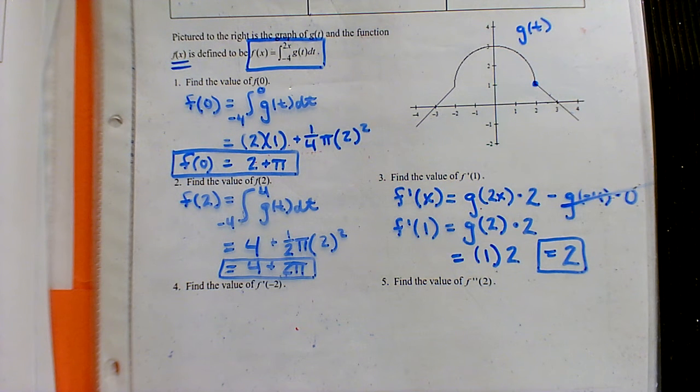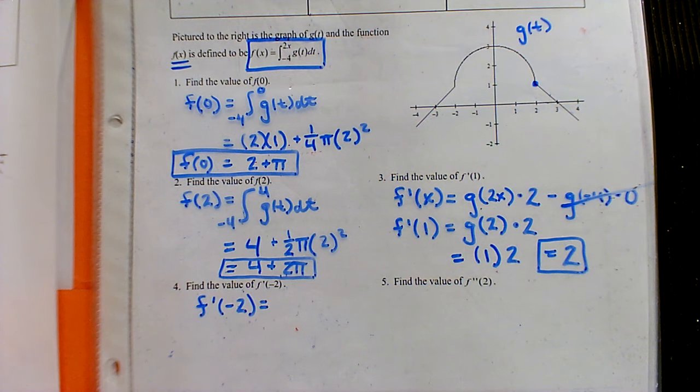Do you think you can try f prime of -2? What do we get? Anybody confident?